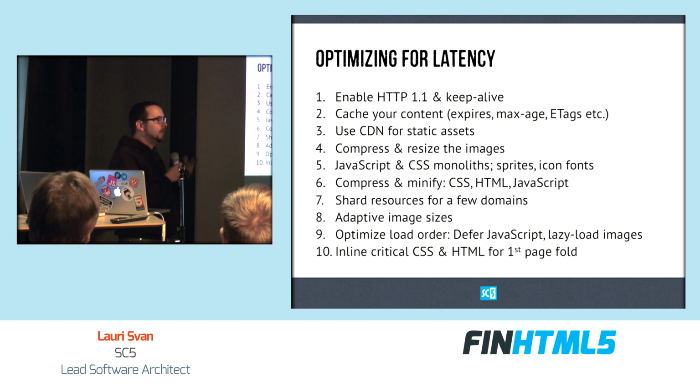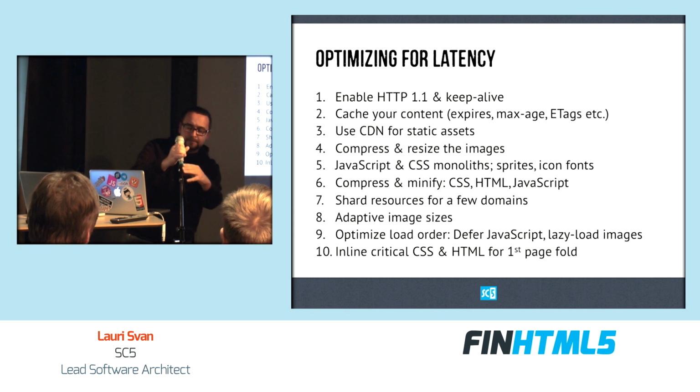And then of course build your JavaScript and CSS monolith and the sprite image and so forth, because then you would have a lot fewer connections, which means you wouldn't get your pipeline stuck with those resources, and you wouldn't make that many connections overall. And then there are quite a few other things, but let's try to put those into practice.